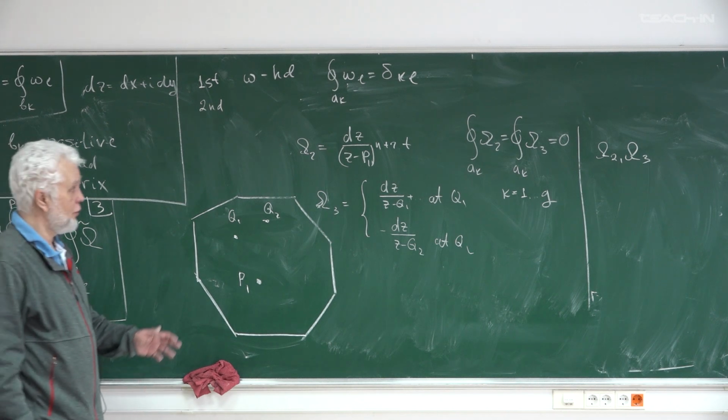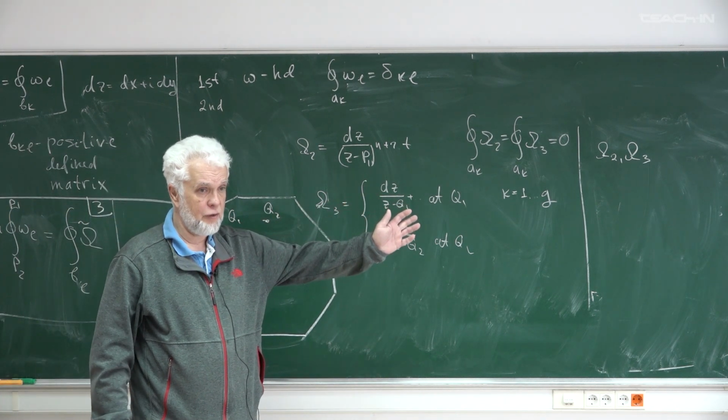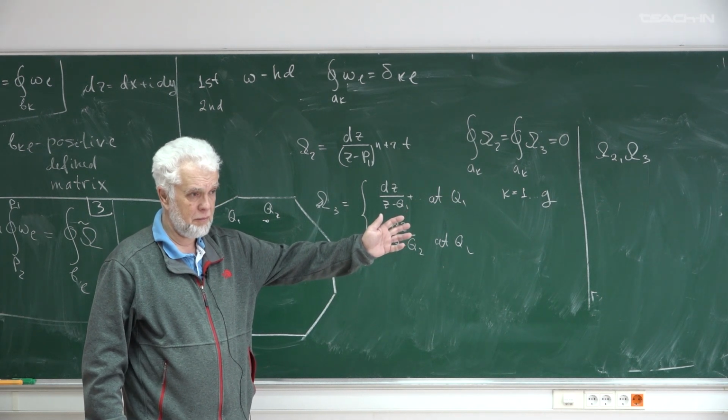Then the right-hand side of the bilinear relation is 0.